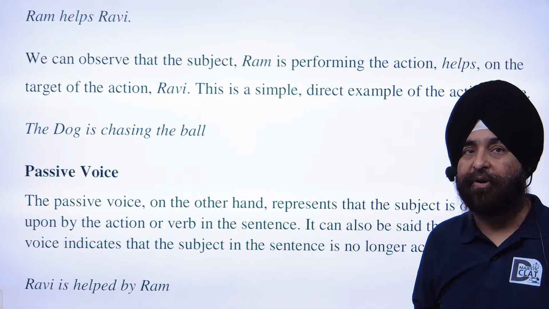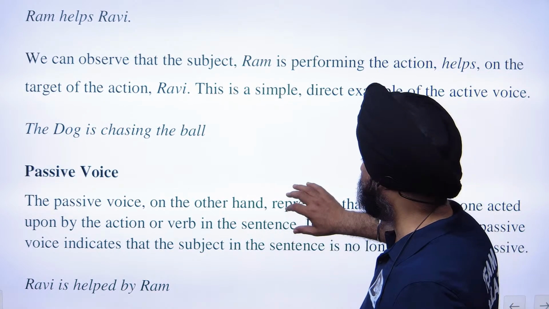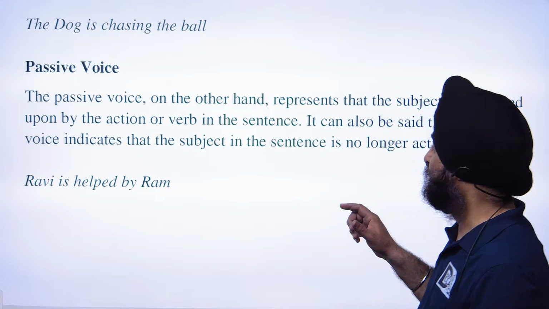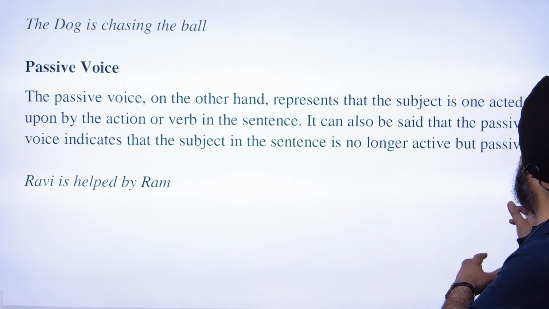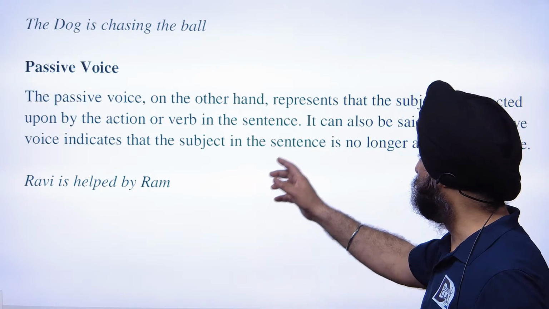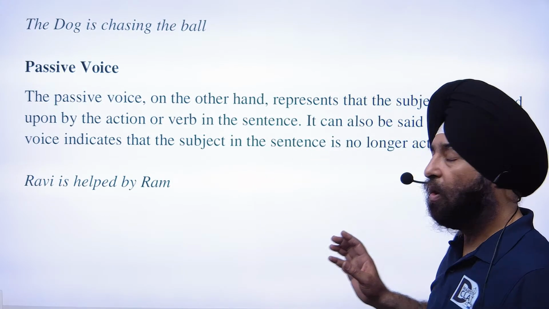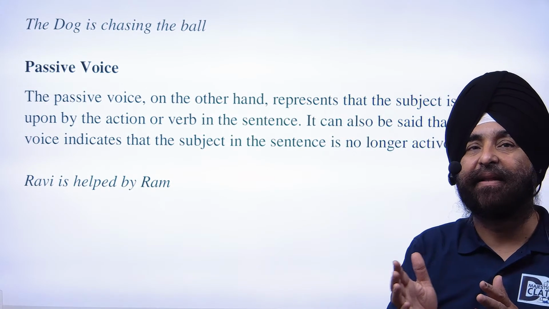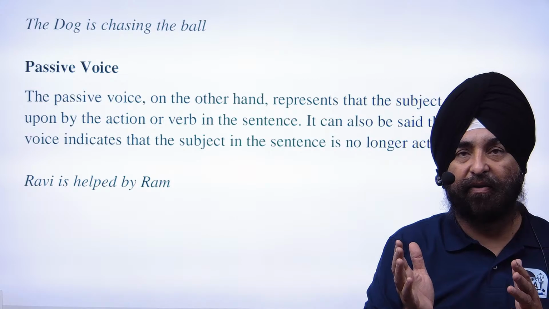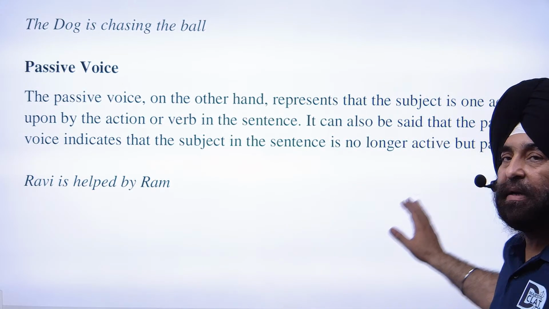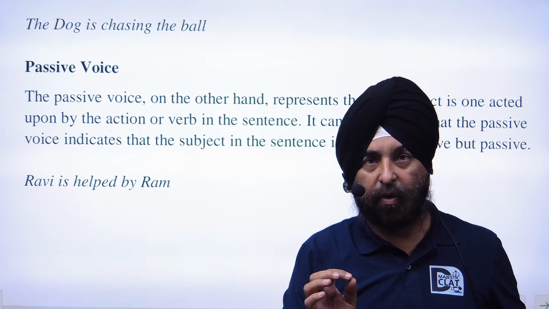Now, to the contrary, when we come to the passive voice, this voice represents that the subject is one that is acted upon by the action or verb in the sentence. It indicates that the subject in the sentence is no longer active, but passive.